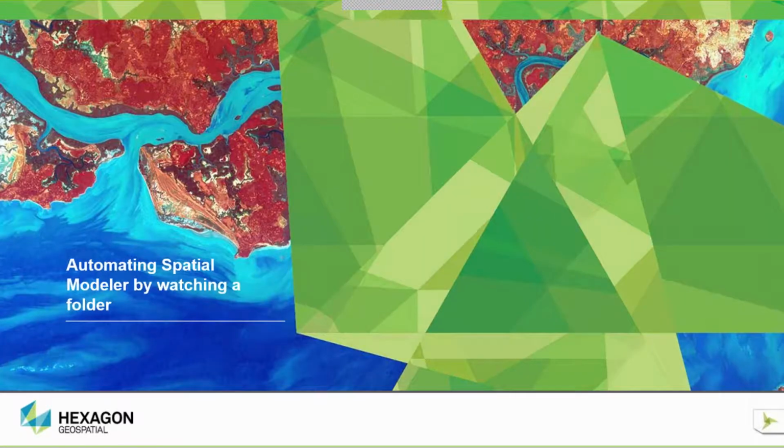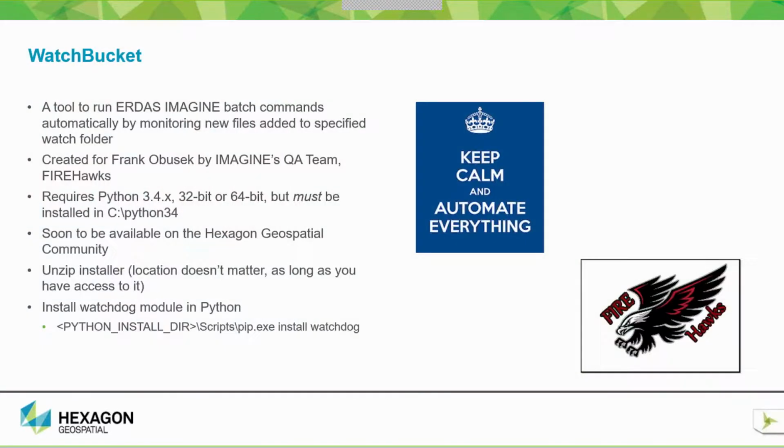Frank had a request for having a way to automate a process by watching a folder for data. So he worked with our QA team, the Firehawks, and they created a Python tool they're calling the Watch Bucket that allows you to run any ERDAS IMAGINE batch command, including Spatial Modeler, by watching a folder.